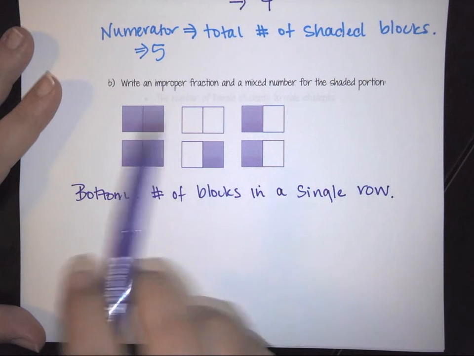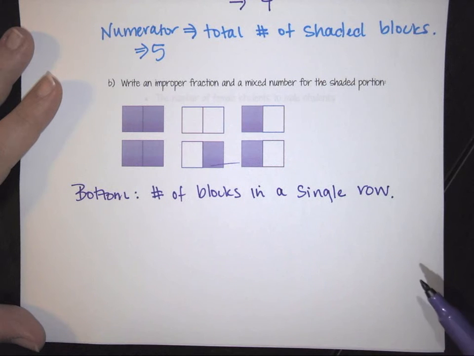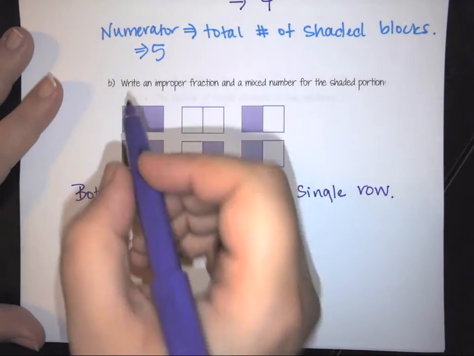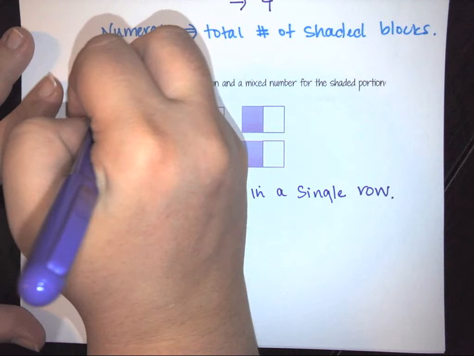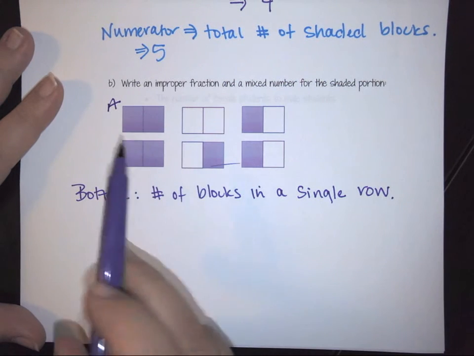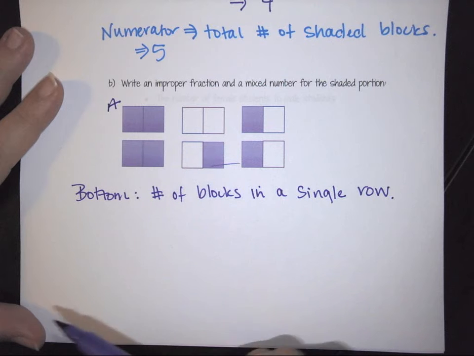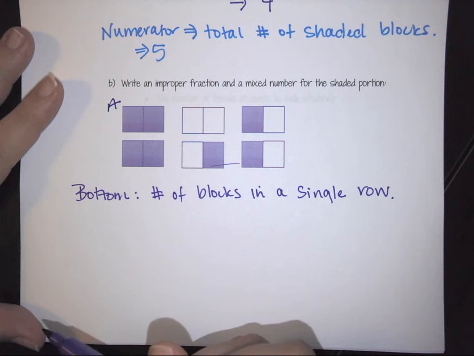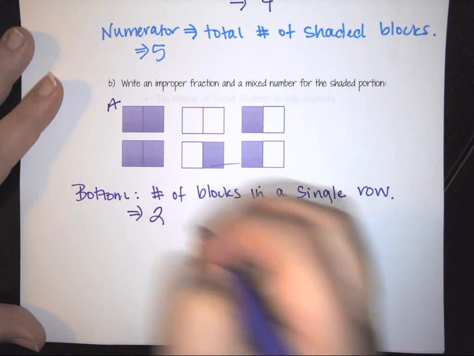So if you look, notice I have multiple sets, but notice all of these have a space between them. So when we're talking about a single row, we are talking literally about, say, this chunk. Okay, so maybe we call this one A. And if you look at it, we have how many blocks? Well, there's only 2 here. So therefore, my bottom is going to be 2.